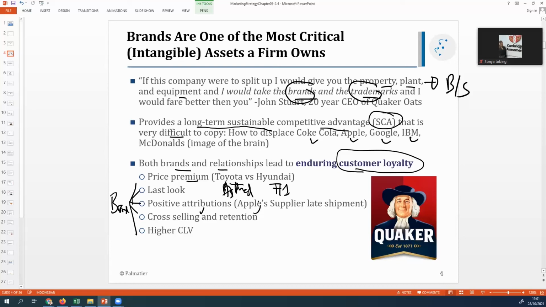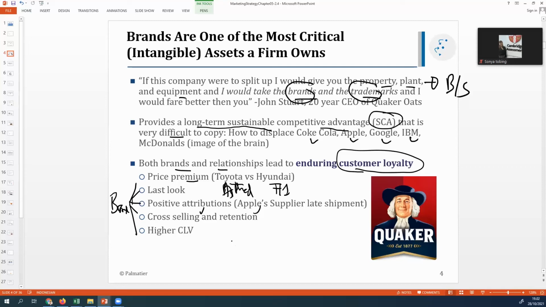Yeah, you have conducted the RFM model, how to conduct the retention, from last week's assignment. And it also shows higher CLV. The more the brand, the higher the CLV, customer lifetime value.